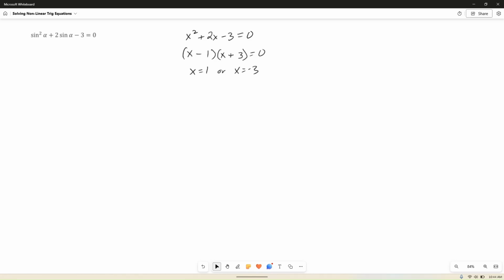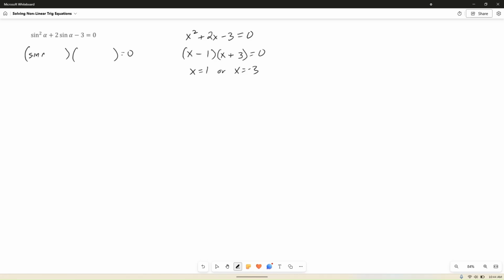We can do the exact same thing with our trig function. So if I have sine squared alpha plus 2 sine alpha minus 3 equals 0, this is a quadratic equation, a trinomial, so we can factor it into 2 parentheses, and it has to be equal to 0. So the first term in each parentheses has to multiply to give me sine squared alpha.